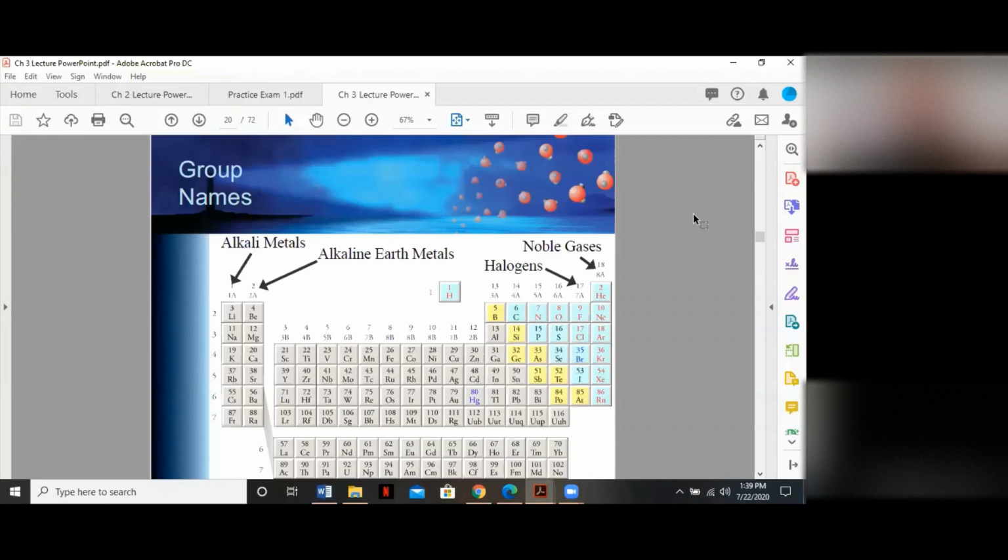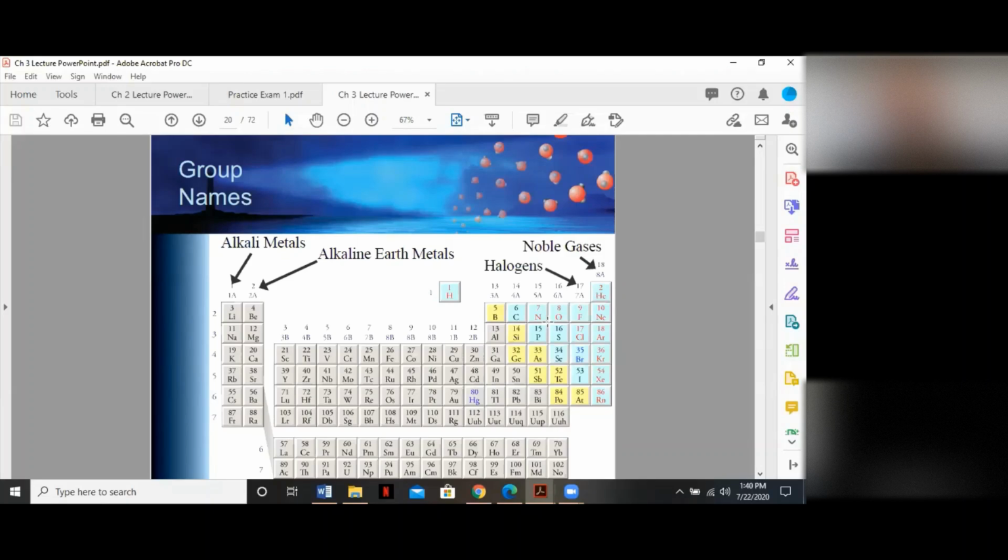Periodic table consists of groups that are columns and rows that are periods. So you got the groups going from top to bottom, and you got the periods going from left to right. So you could see here you have 1A, 2A, 3B, 4B, all the way to 3A, all the way to 8A.